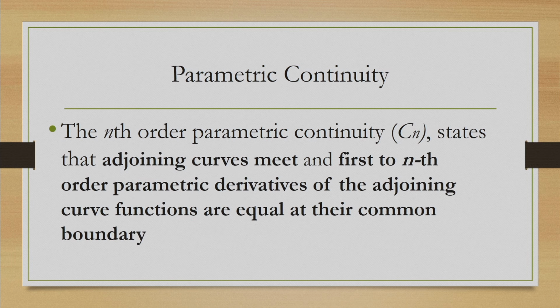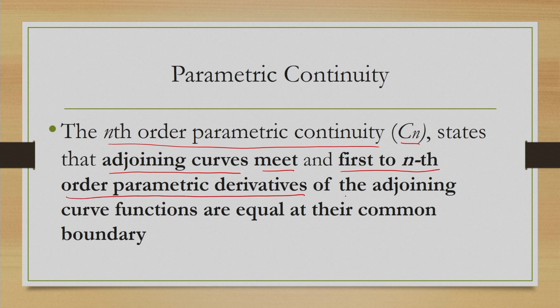So, in general, the nth order parametric continuity condition denoted by Cn states that adjoining curves meet and first to the nth order parametric derivatives of the adjoining curve functions are equal at their common boundary. That is the general definition. Now, let us see what they refer to in simpler terms.